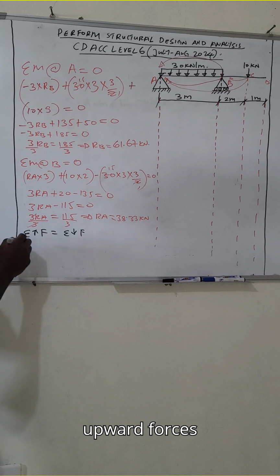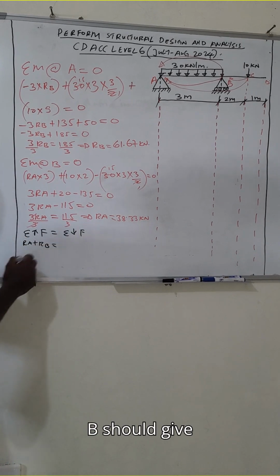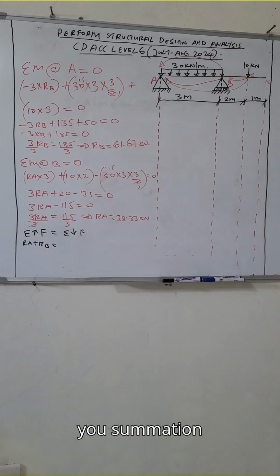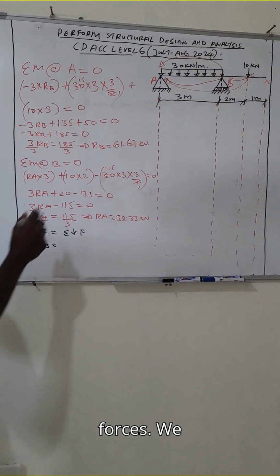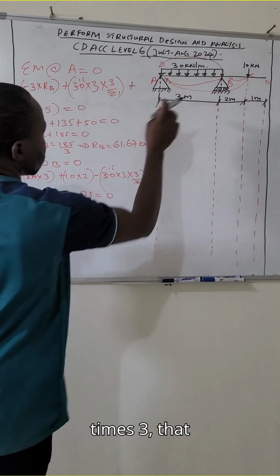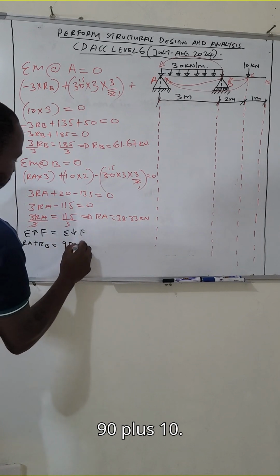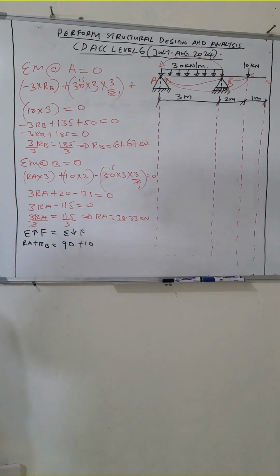So the upward forces are reaction A plus reaction B, which should give you the summation of downward forces. We have 30, which is a UDL converted to a point load. 30 times 3, that is 90, plus 10. There is no other force.